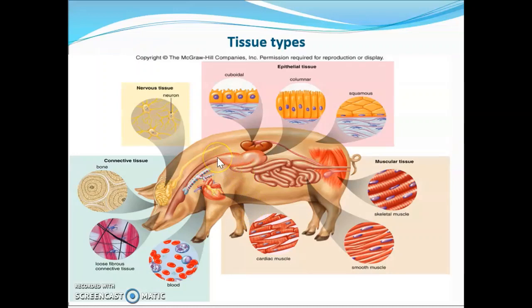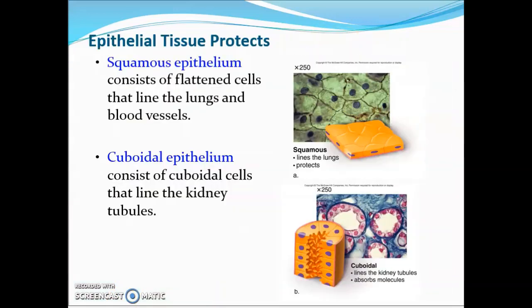Now we shall begin by looking at the different types of cells that are categorized under the epithelial tissue. Under the epithelial tissue category, there are four main types of cells. The first is the squamous epithelial cell.